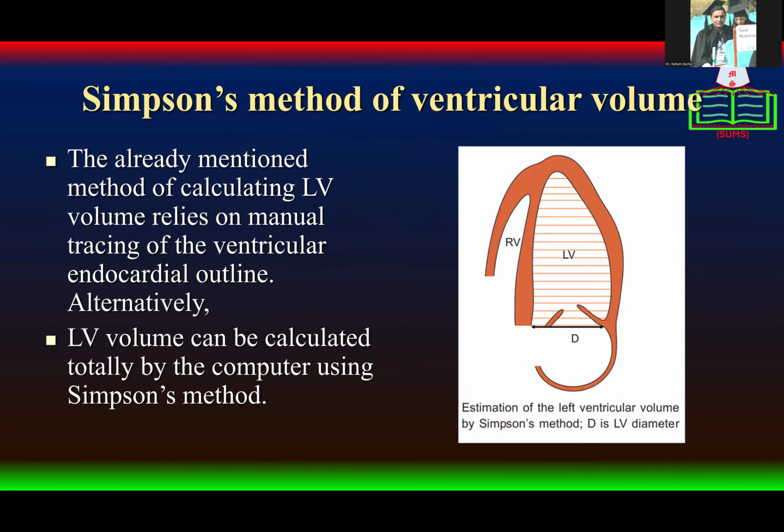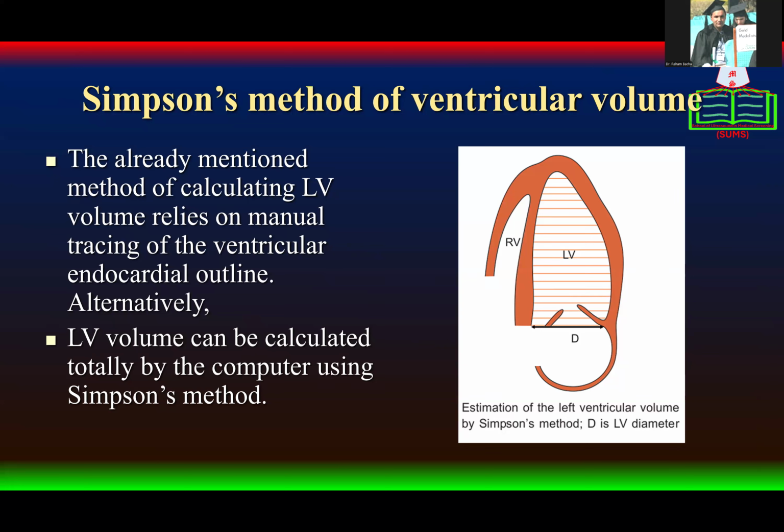So how will the Simpson method work? The already mentioned method of calculating left ventricular volume relies on manual tracing of the ventricular endocardial outline. Alternatively, left ventricular volume can be calculated totally by the computer using the Simpson method.